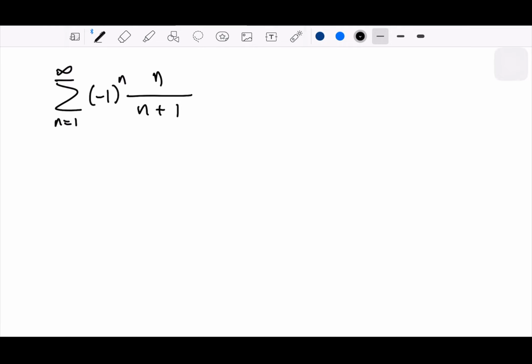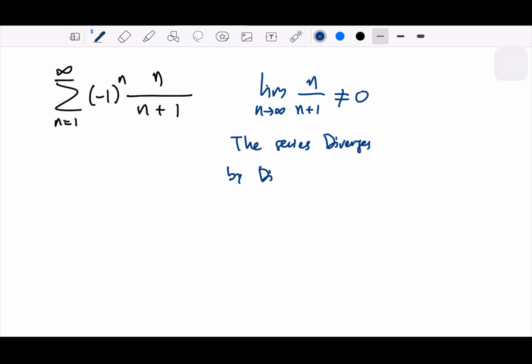Does the limit equal 0? No, right? So we can say the limit is not 0, which means that the series diverges by the divergence test.